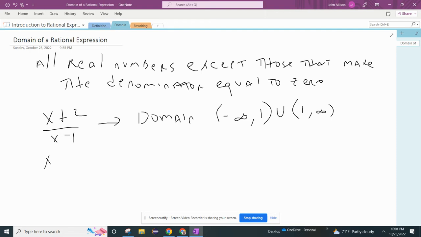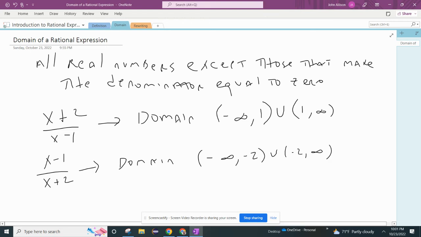If we had x minus 1 over x plus 2, that domain is all real numbers except negative 2. So negative infinity to negative 2 excluded, and negative 2 excluded to infinity. Sometimes the rational expressions are a little more complicated.